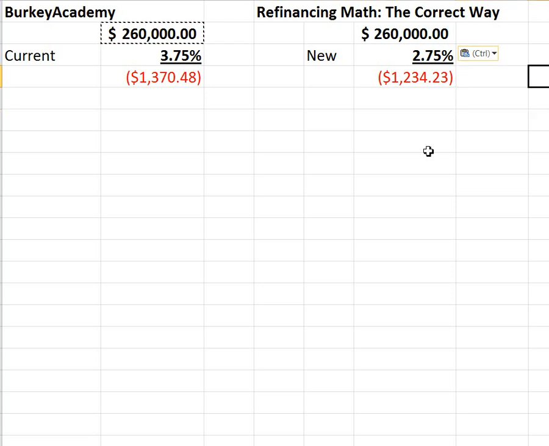My payment's going to change by this amount minus this amount. The difference in the payment is $136.25. Therefore, the logic goes, this is wrong, the logic goes that if that's the amount I'm saving per month, $136, then multiply that times 12.